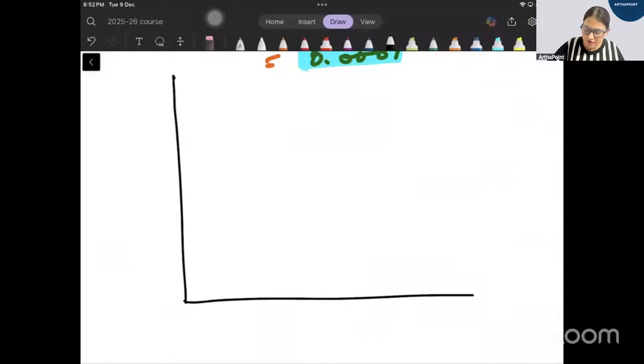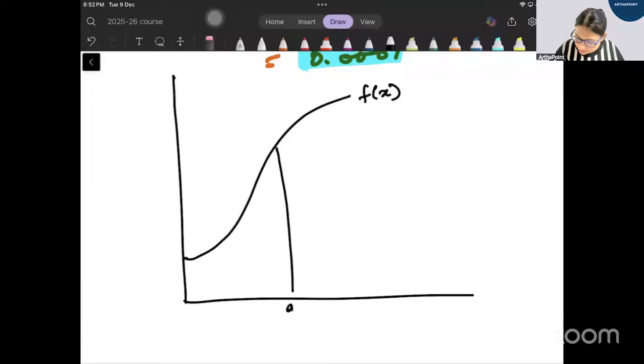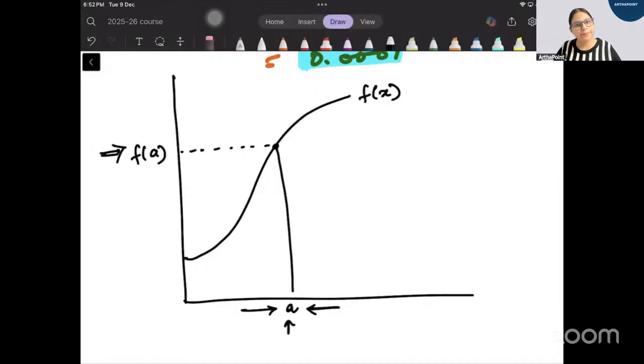Let's say I have a graph. This is my function. Let's say I take a, and I am approaching a from both the sides. Of course here I may have a value of the function, when I put in a I get some value of the function.